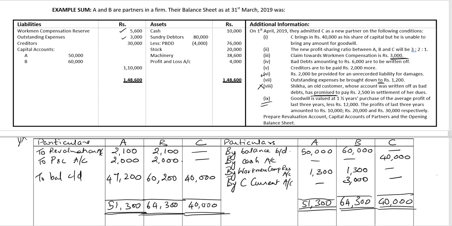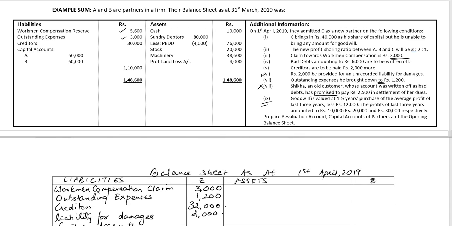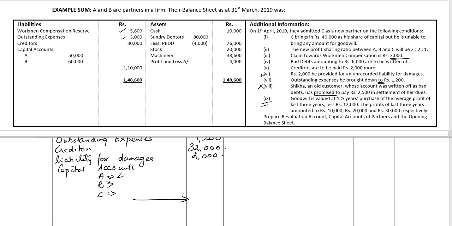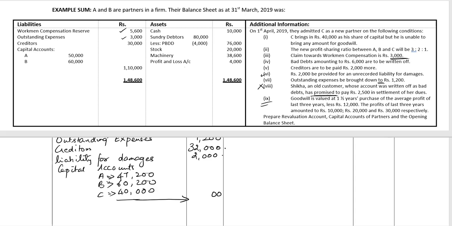So 47,200, 60,200, and 40,000 rupees. The total ₹1,47,400.